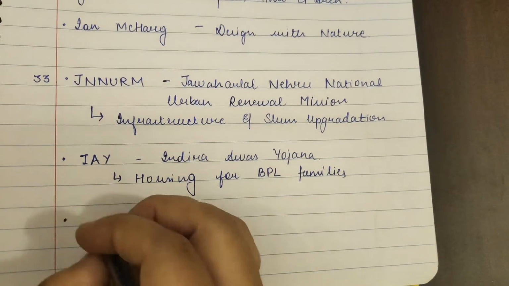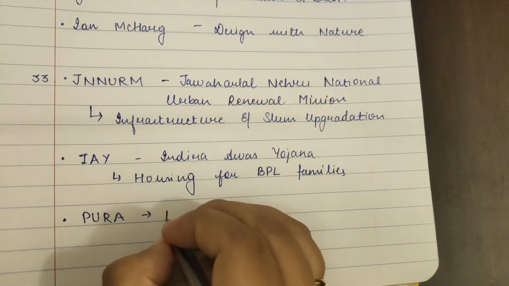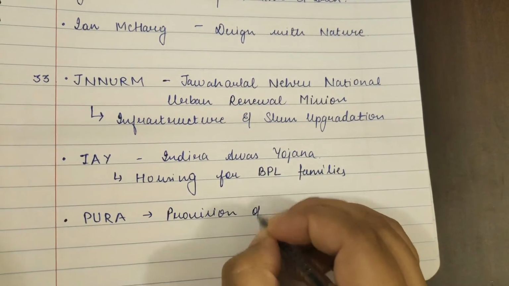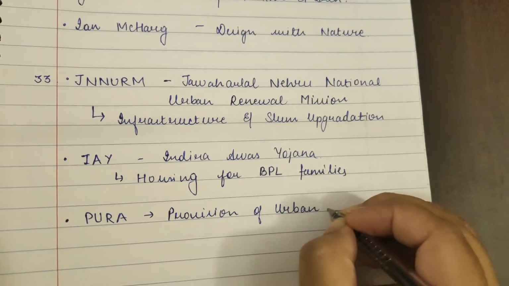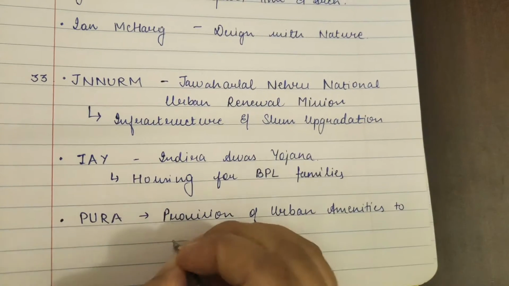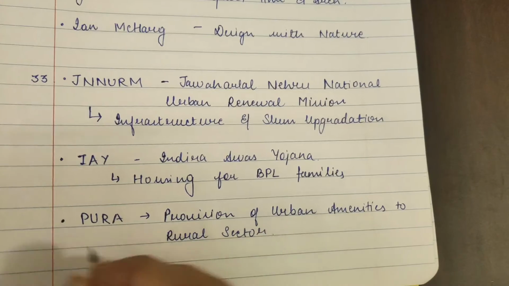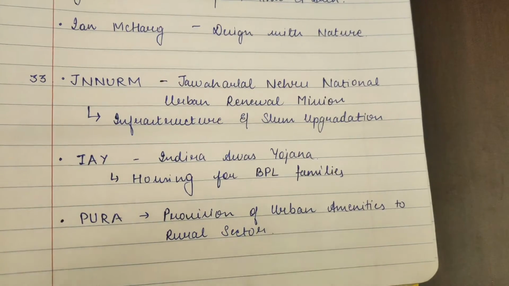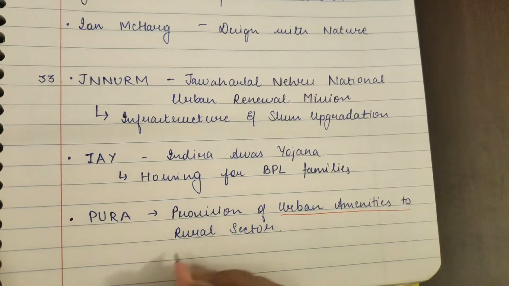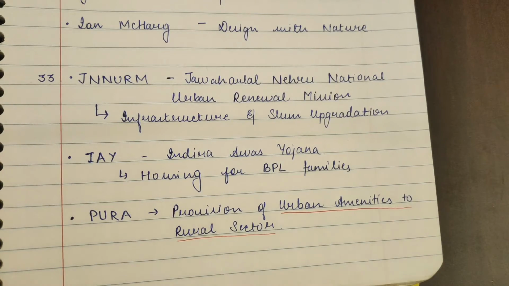Then we have PURA, which is provision of urban amenities to rural sector. And this basically, as the name suggests, the basic aim is to provide urban amenities for rural sectors or rural areas.